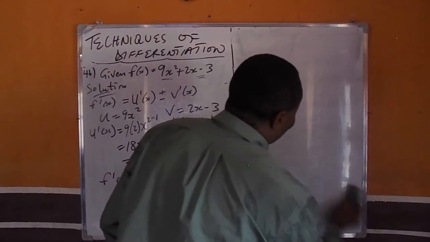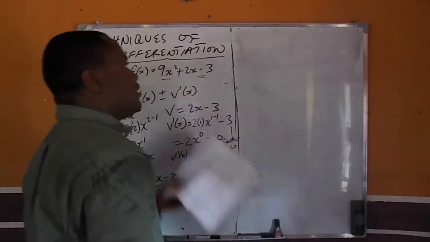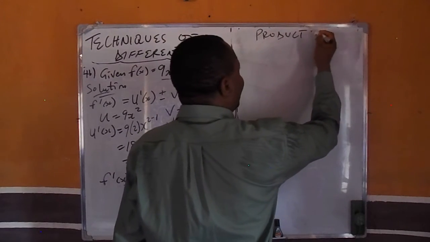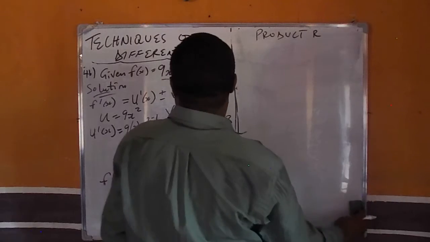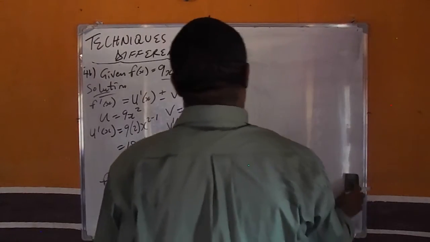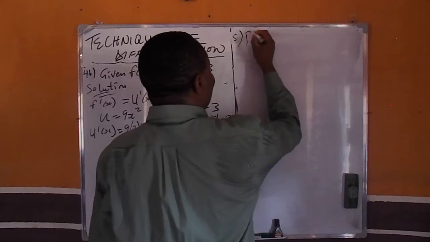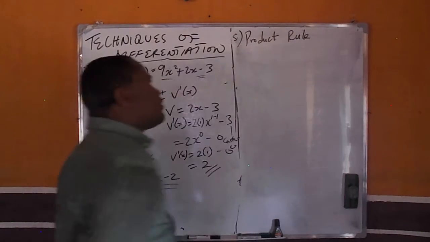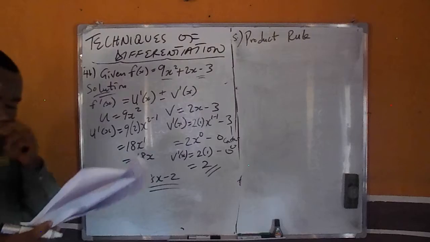Under product rule, number 5, we are looking at product rule. How do we solve questions under product rule?